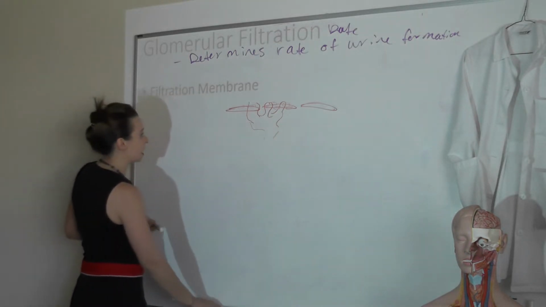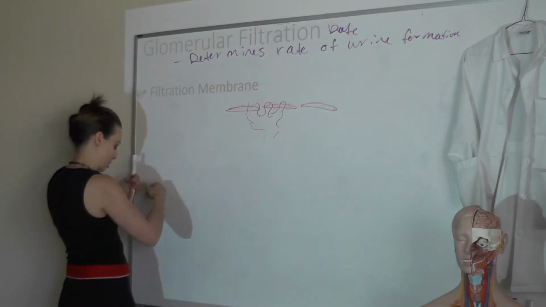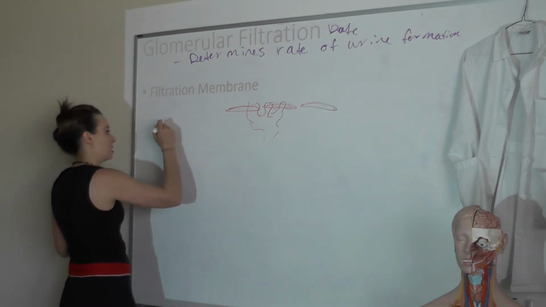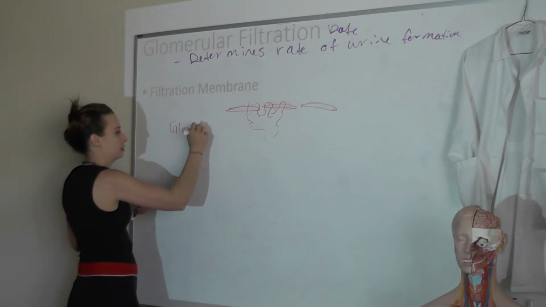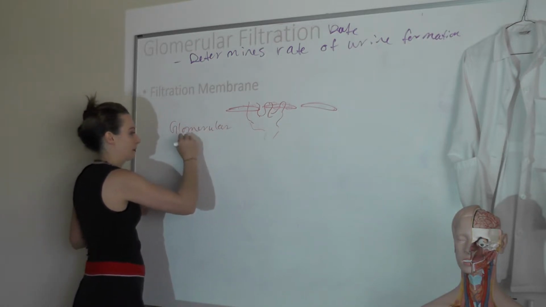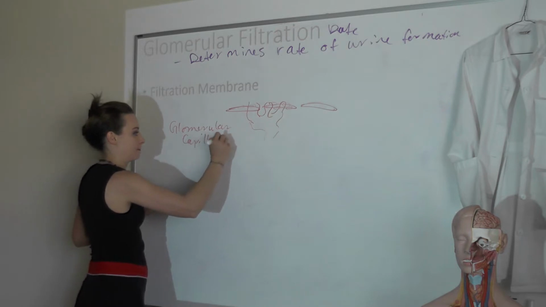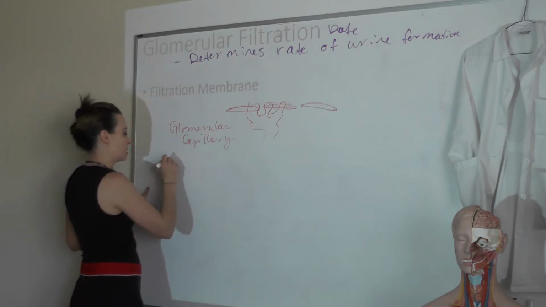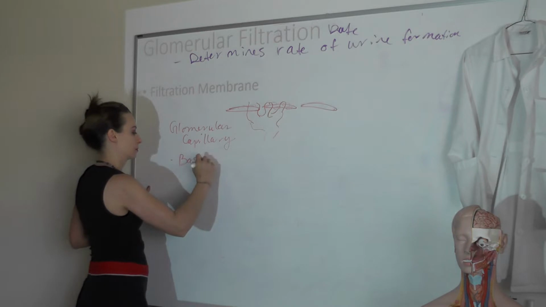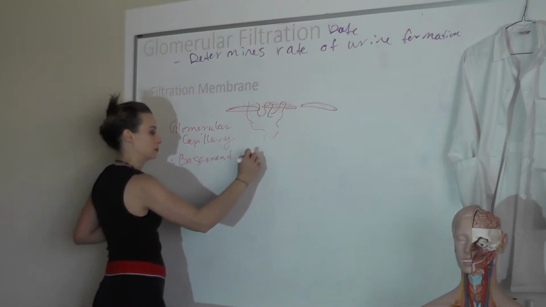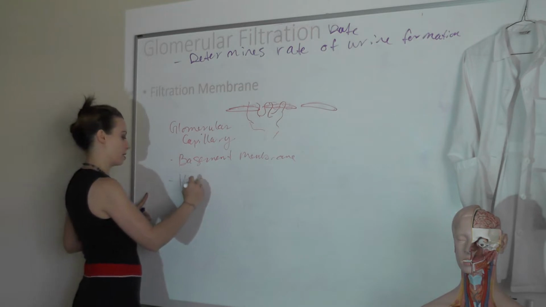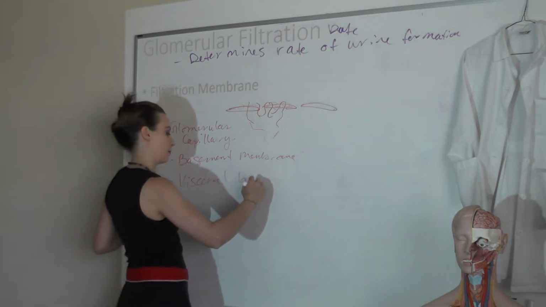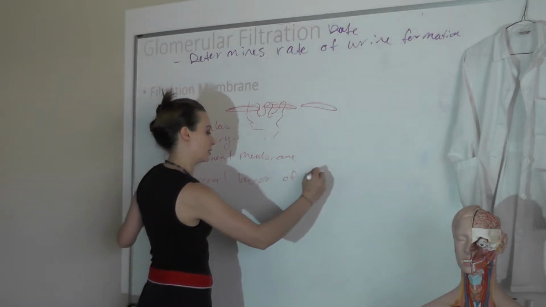So what we could say the parts of the filtration membrane are the endothelium, or the glomerular capillary, the basement membrane, and then the visceral layer of the glomerular capsule.